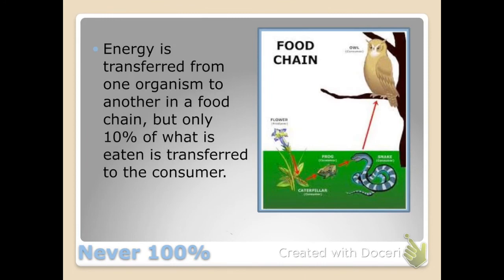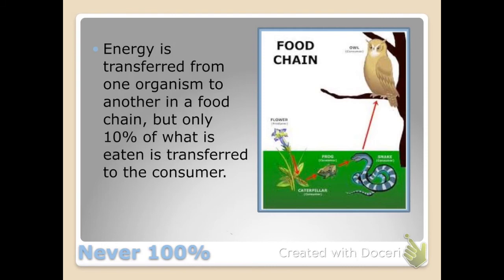Alright, lastly, we just need to discuss that this transfer of energy from one organism to another is never 100% efficient. In fact, it's fairly inefficient. By the time an organism uses the energy that it's consumed to be active, to digest, some of the energy is lost through undigested particles, etc. So energy that's transferred from one organism to the other is usually only about 10% of the energy that was originally consumed.